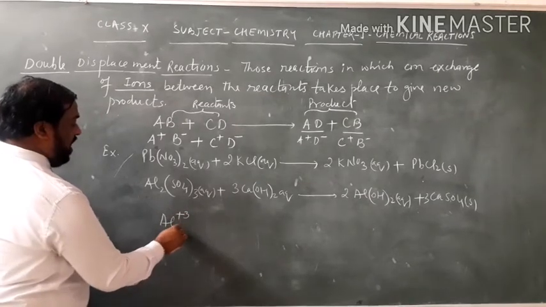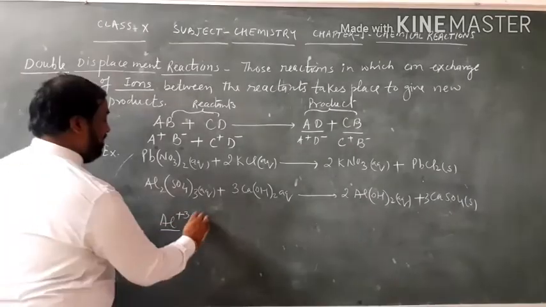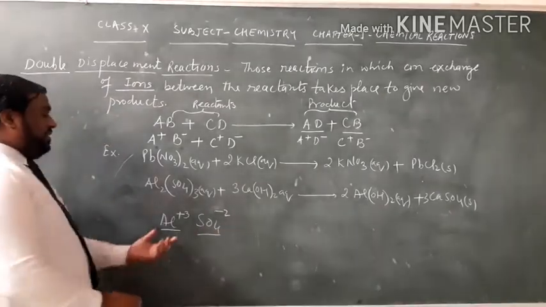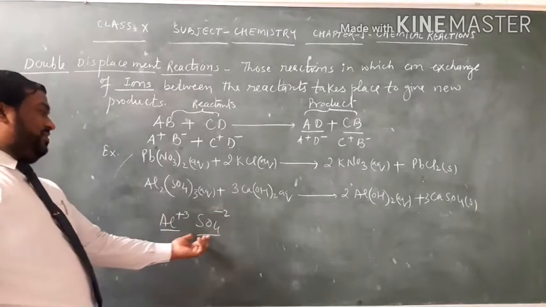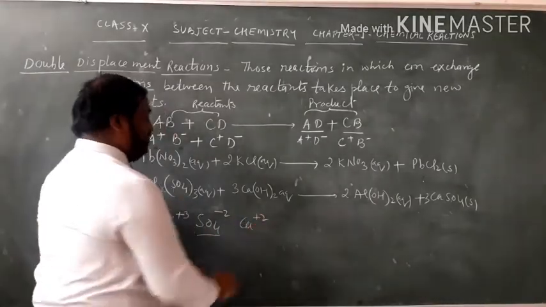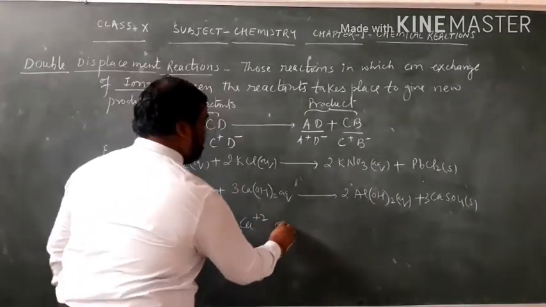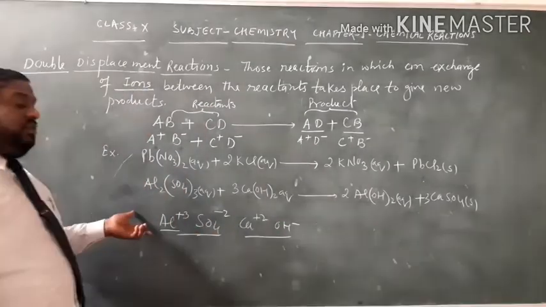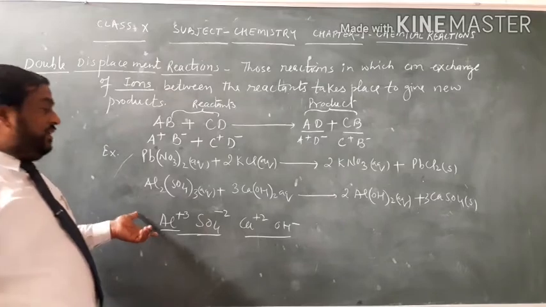So here also, ammonium having plus charge, sulfate having minus 2 charge. So this is the cation, this is the anion. Similarly, calcium having plus 2 charge and hydroxide having minus 1 charge. So these are the formation of cation and anion.